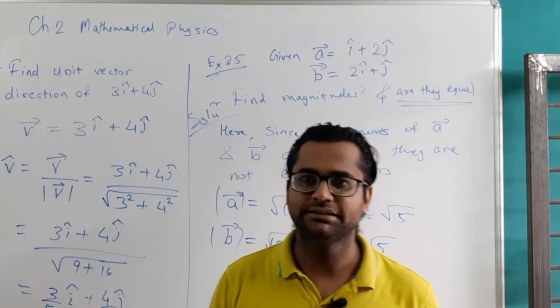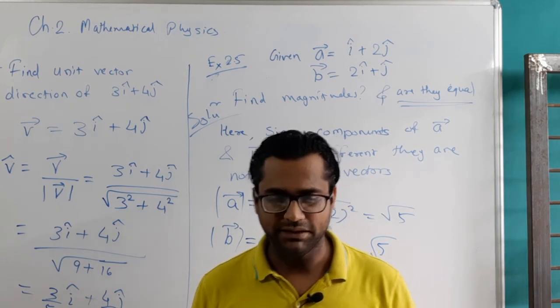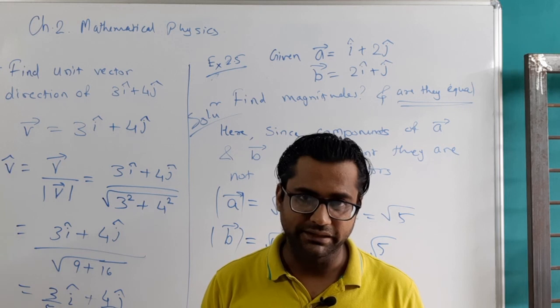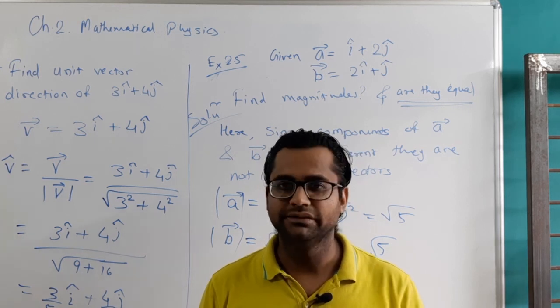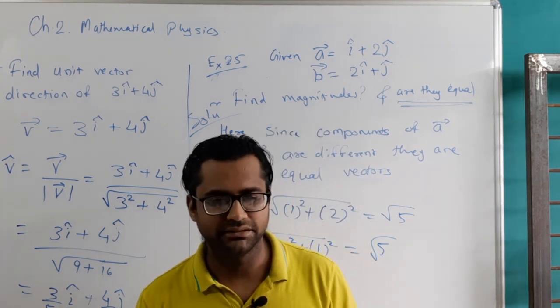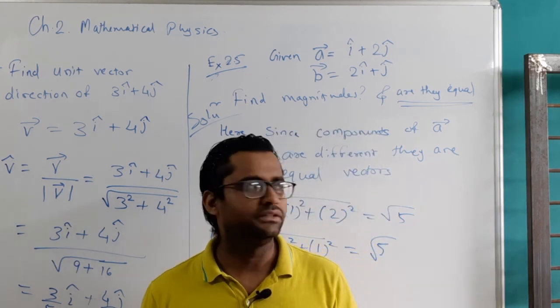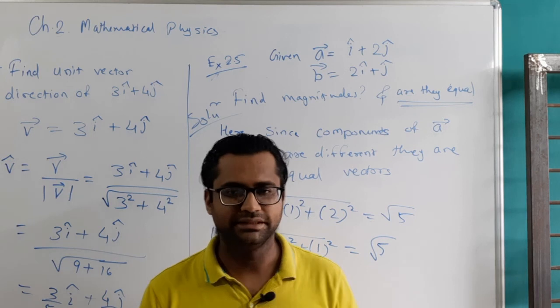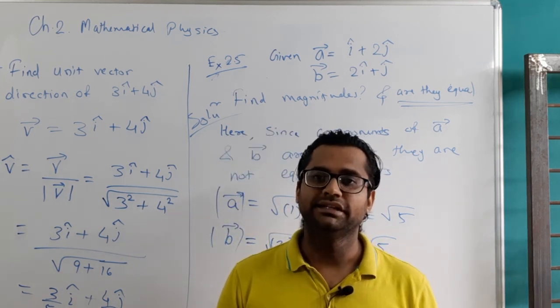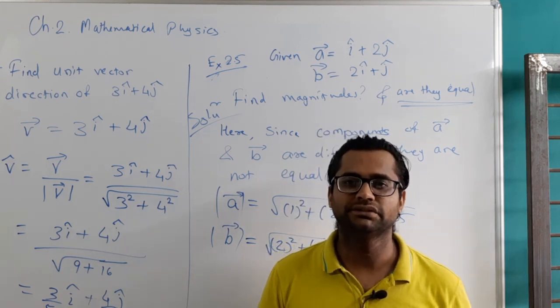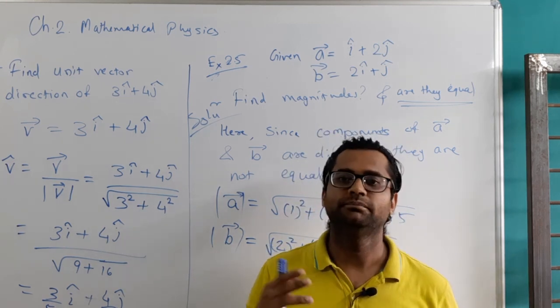So far we have studied the addition of vectors, what vectors are, and the difference between scalars and vectors. Then the types of addition: if the vectors are parallel or anti-parallel, we can simply add or subtract them. If they are at some angle, we use the triangle law, parallelogram law, and polygon law of vectors.